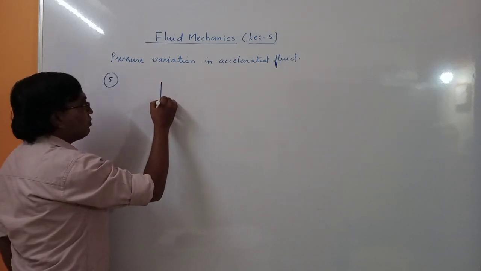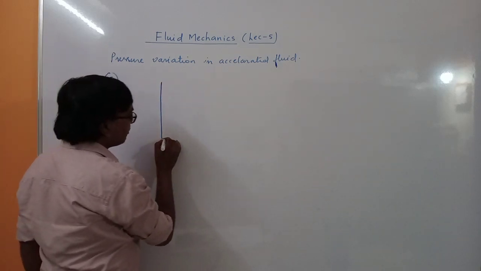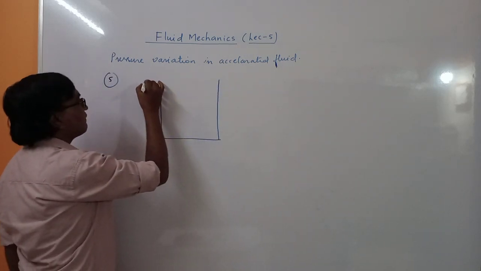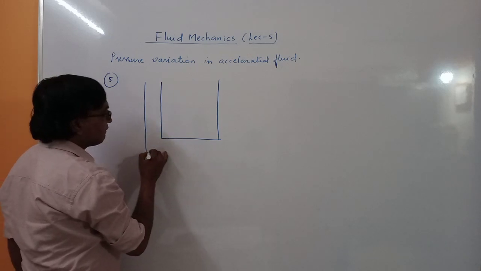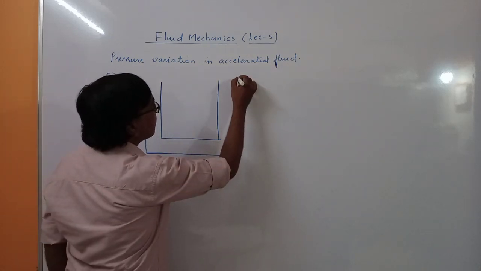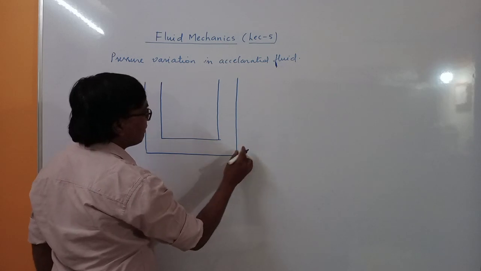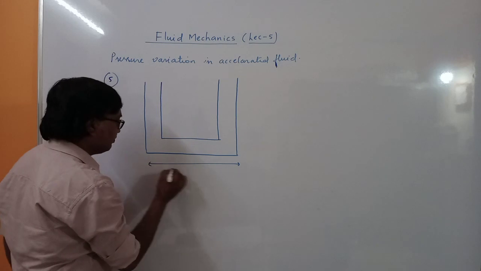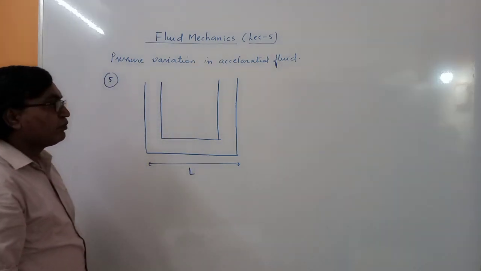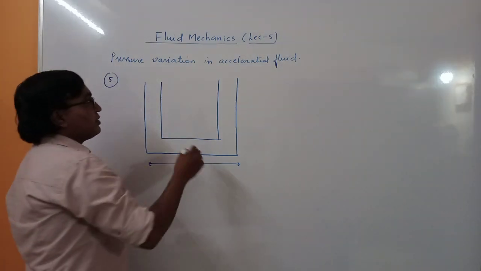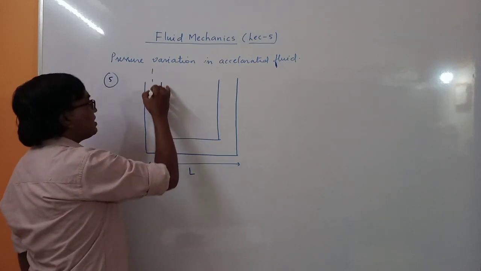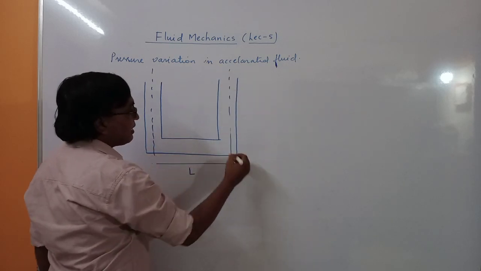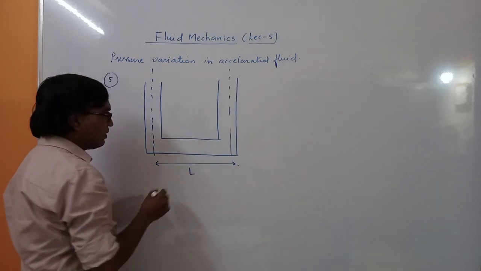So we have a U-tube whose length is L, and it is rotated about this axis. Let us say this length is L. Fine, so there is no problem.